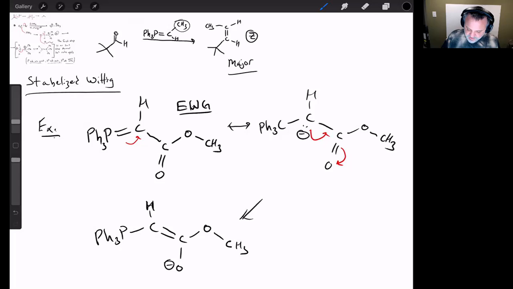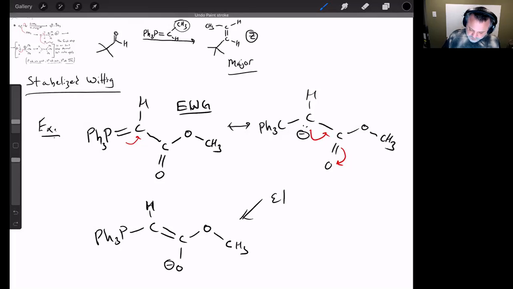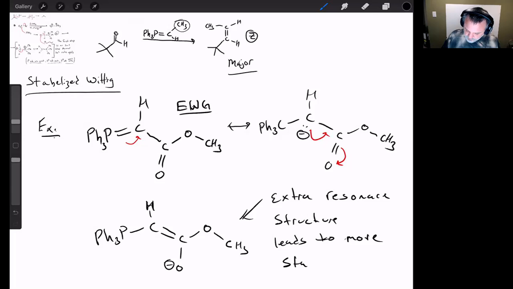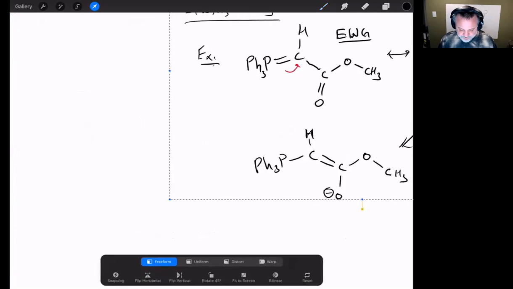And this extra resonance structure leads to more stability. And this extra stability results in a different stereoselective outcome.